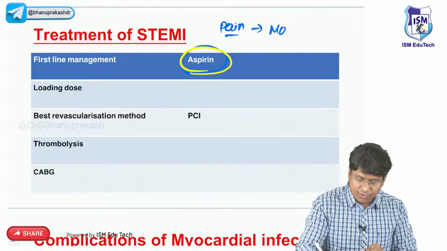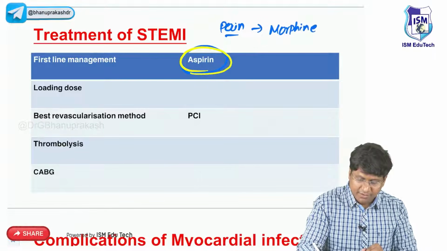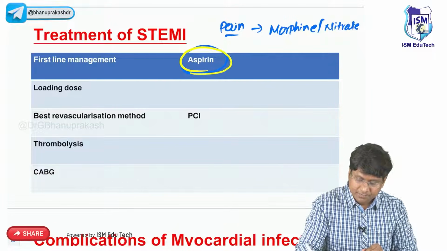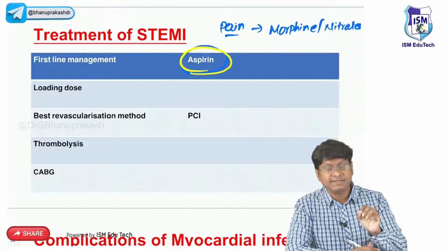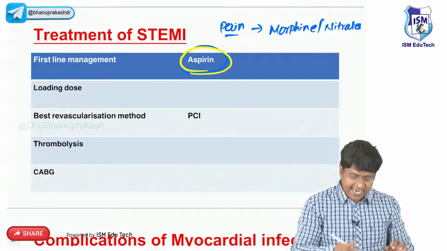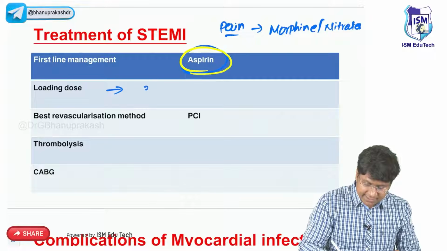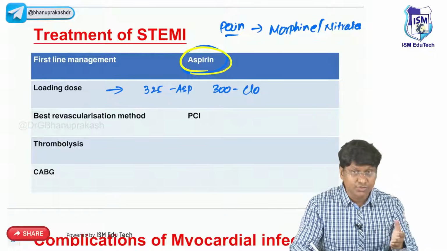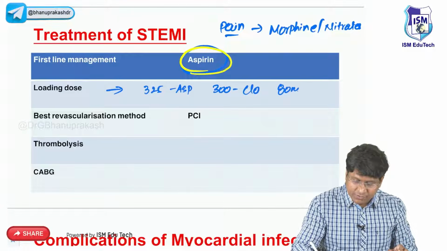For pain control, you can give either morphine or nitrates, right? But if the question is asked what is the first line antiplatelet that you can give, it is aspirin. And the loading doses of these drugs are 325 milligrams of aspirin, 300 milligrams of clopidogrel, and 80 milligrams of atorvastatin.